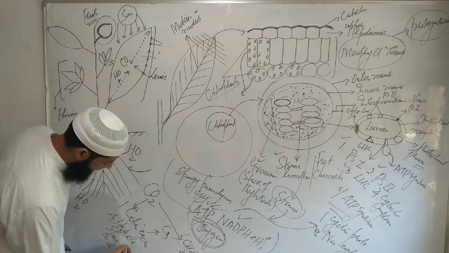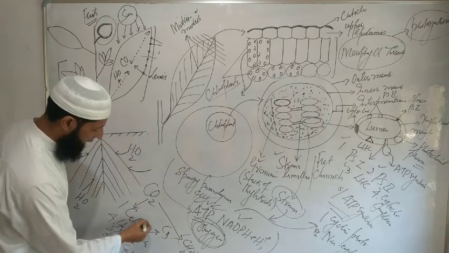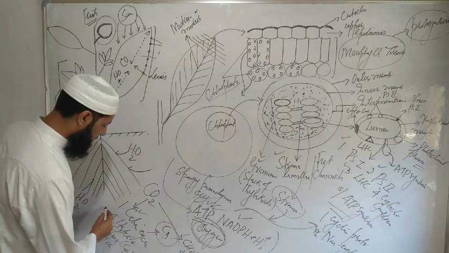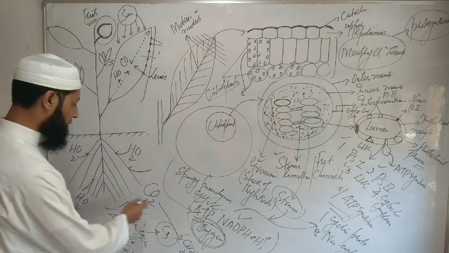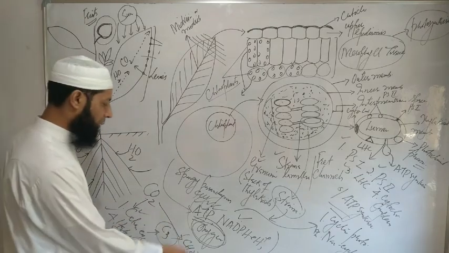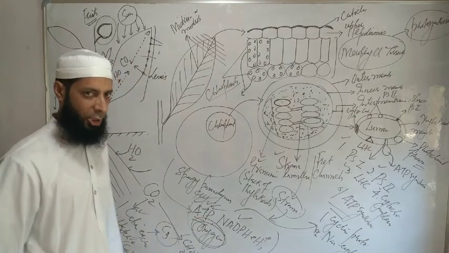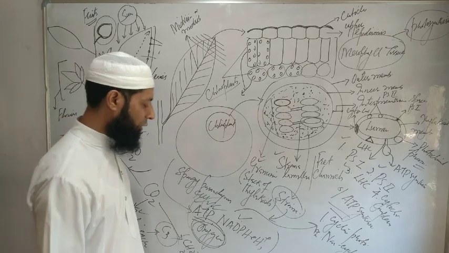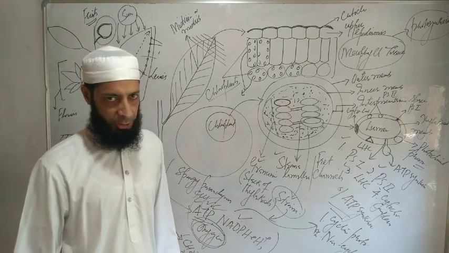In both processes, carbon dioxide is reduced into carbohydrates utilizing assimilatory power, that is ATP and NADPH plus H positive, produced during the light reaction.